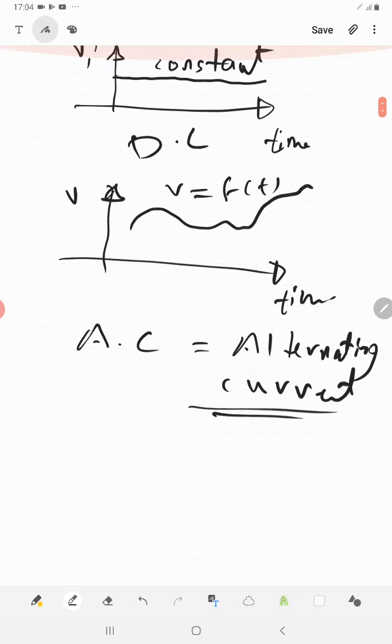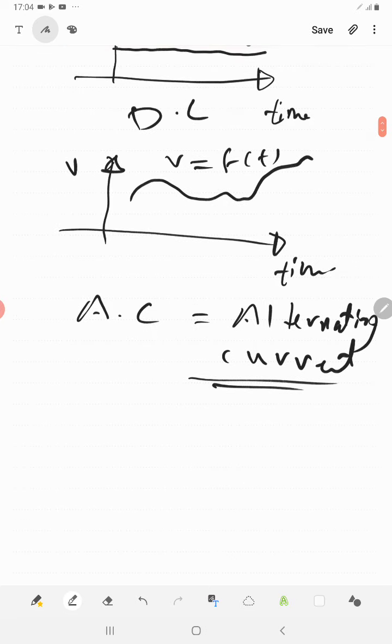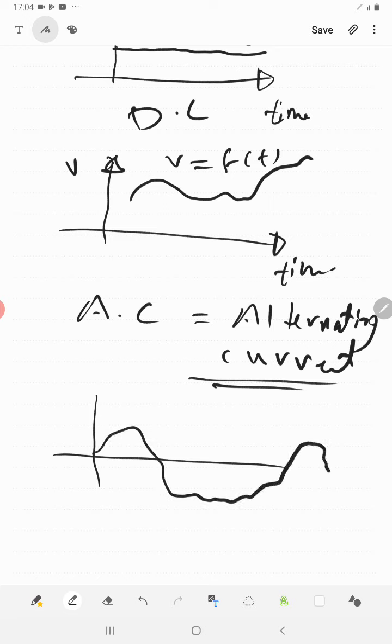It is usually customary that alternating current changes direction. Okay, means half a cycle is positive and another half cycle is negative, like this. This is AC, this is positive and this is negative. Say this is voltage.